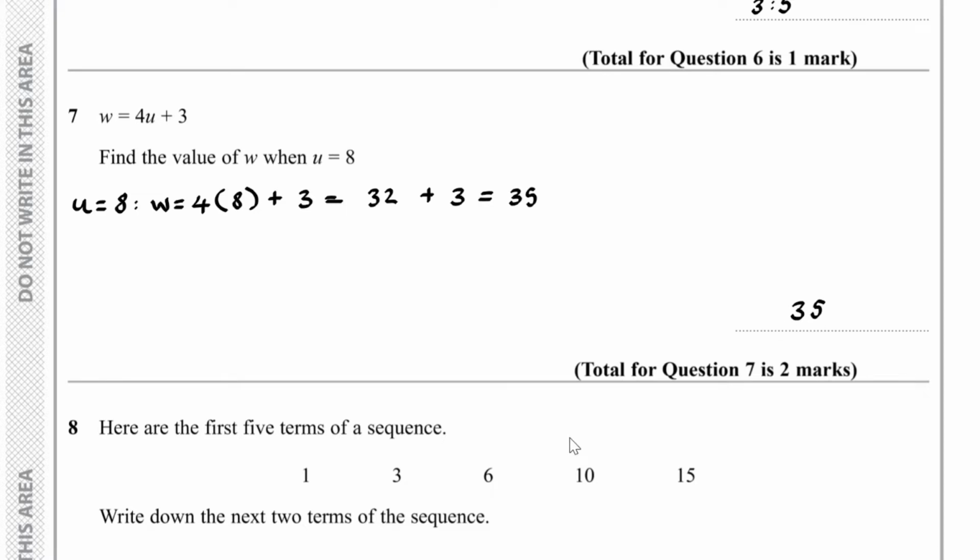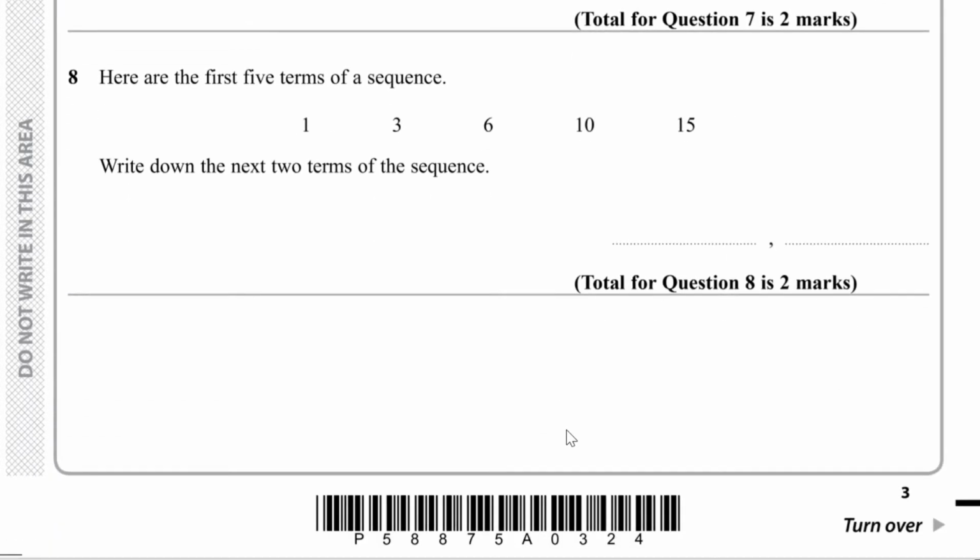For question number 8, here are the first 5 terms of an arithmetic sequence. We have to write down the next 2 terms of the sequence. Well, if you look at the difference between the 1 and the 3, that's plus 2. The difference between 3 and 6, that's plus 3. Between 6 and 10, that's plus 4.